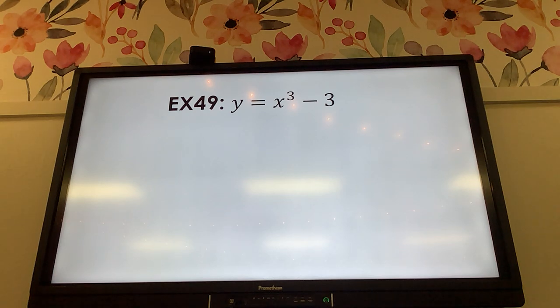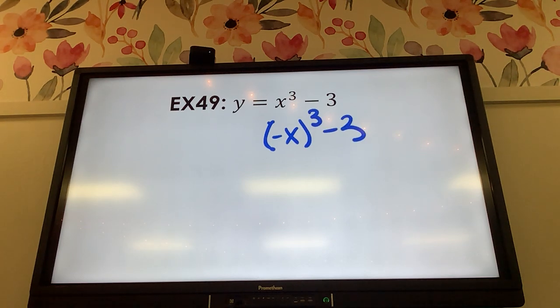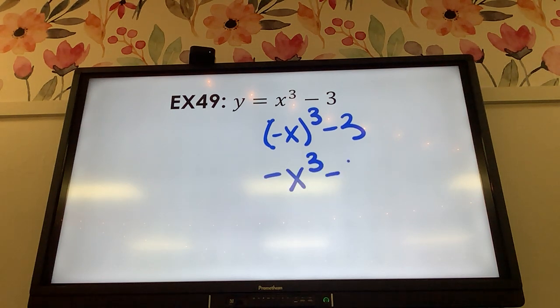On this one here, we are gonna plug in negative x. What happens when you cube a negative? It stays negative, because negative, negative, negative, still going to stay negative. Now, does that guy match the original?